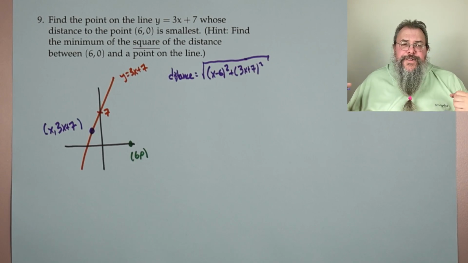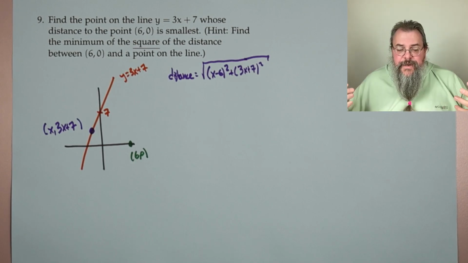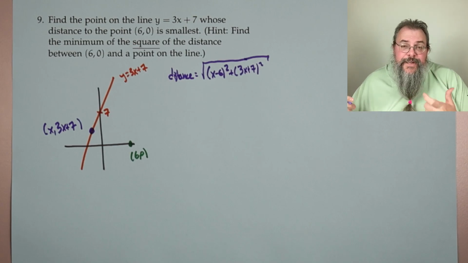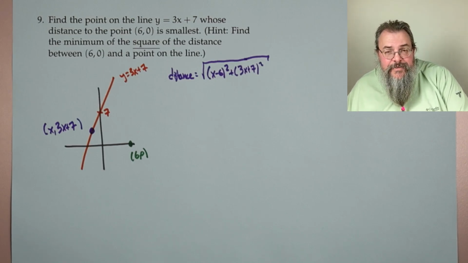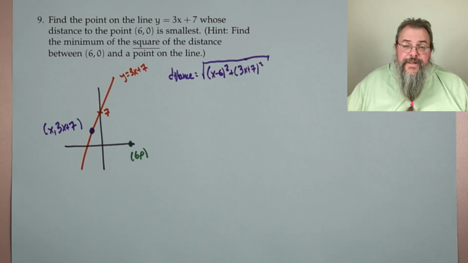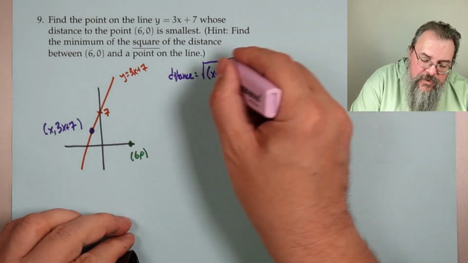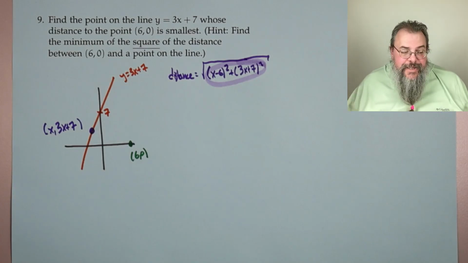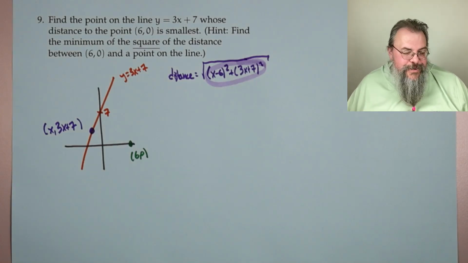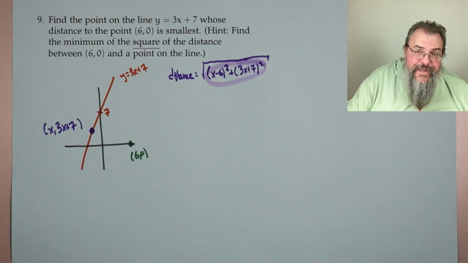So how does that help us? Well, it says if you're trying to optimize the square root of something, just optimize what's on the inside. If you want to make it as small as possible, make the inside as small as possible. If you want to make it as large as possible, make the inside as large as possible. So we can focus our energy on this part. Why is that good? Because we don't have to worry about a square root, and square roots can get messy.